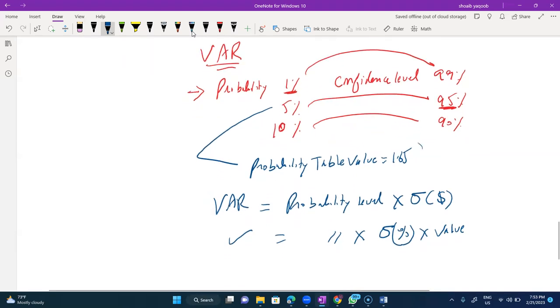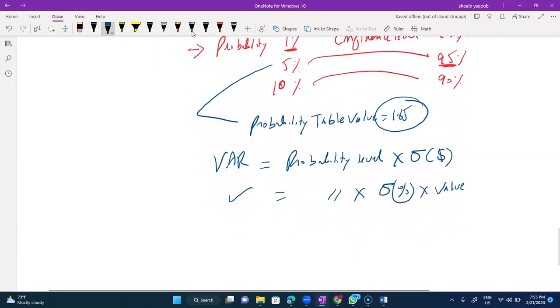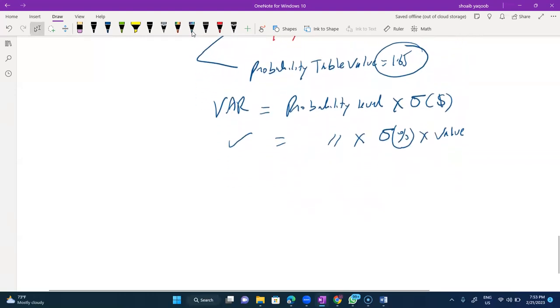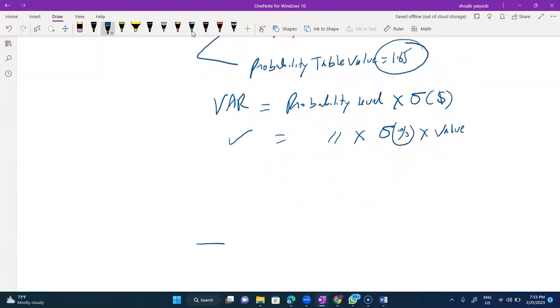Now the question is how to calculate this 1.65. Number one, we will be provided with the normal distribution table in the exam. What is normal distribution?